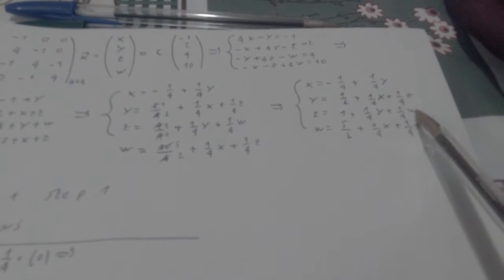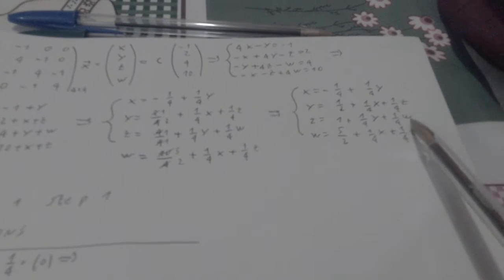So we're going to use the newly found value for y, and we're going to use our first initial guess for w. So, as I said, z is equal to 1 plus 1 over 4 times 7 over 16 plus 1 over 4 times 0.